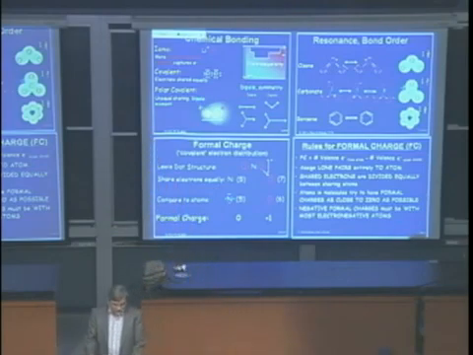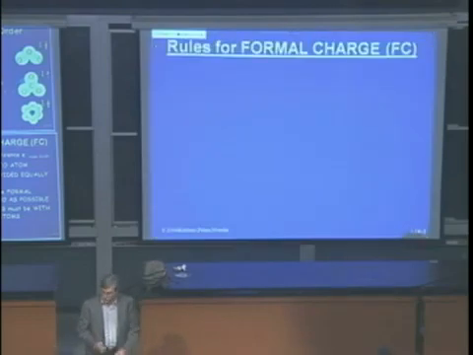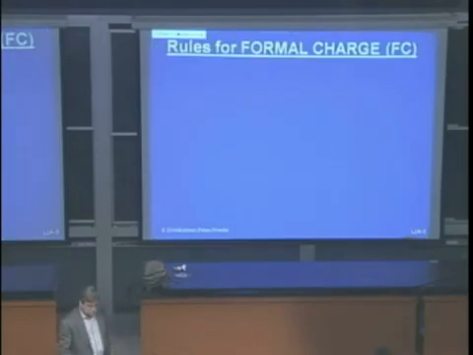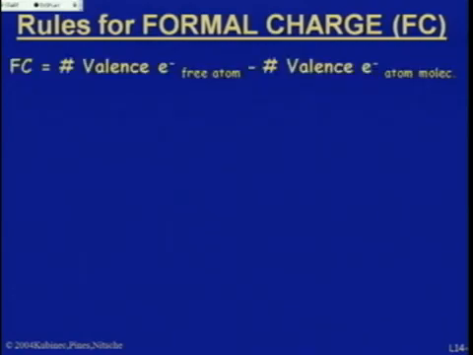And then you talked about formal charges, and I'm going to give you some rules about formal charges. You treat this as if the bonding between the partners would be covalent, meaning there's an equal sharing, but there are some rules.